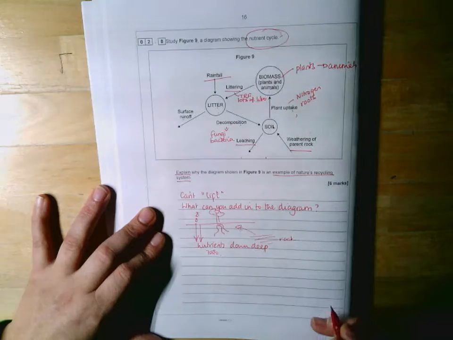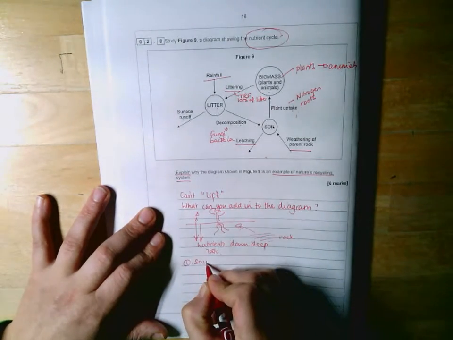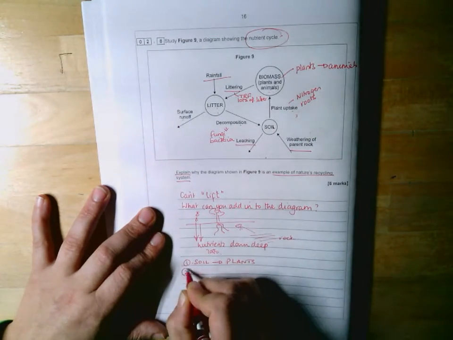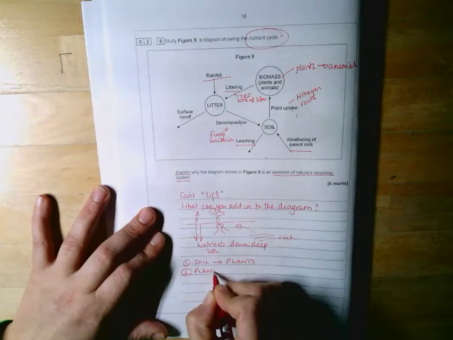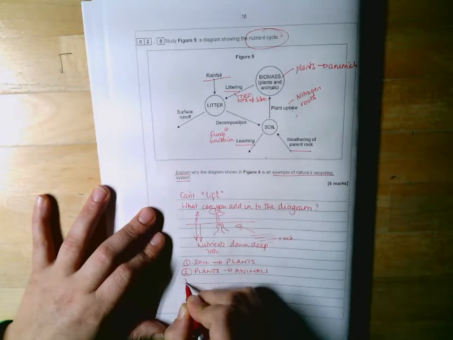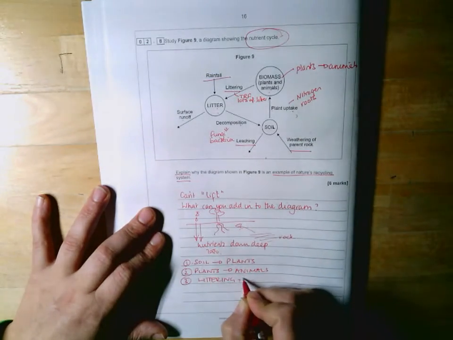I would perhaps have done it in 3 points. So number 1, about the soil to the plants. Number 2, perhaps the plants to the animals, because I'm adding to the question there. And number 3, perhaps the littering and the decomposition.